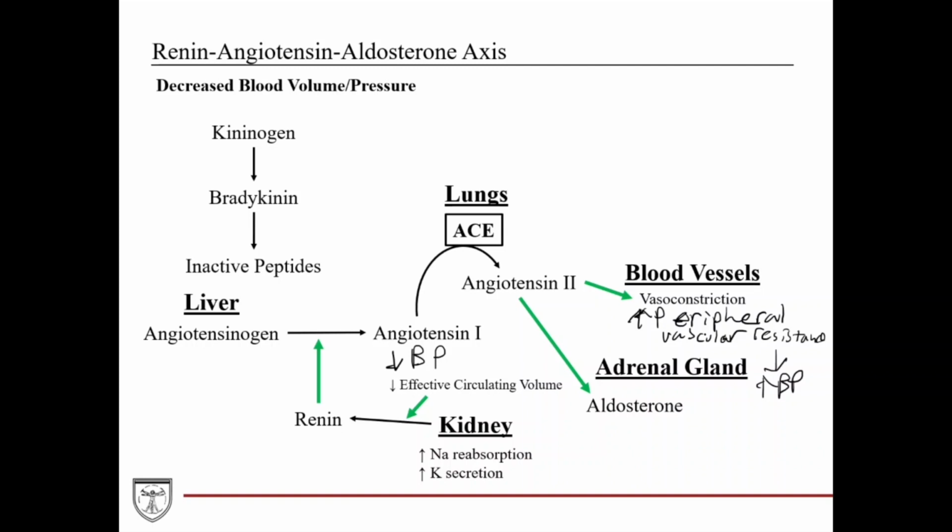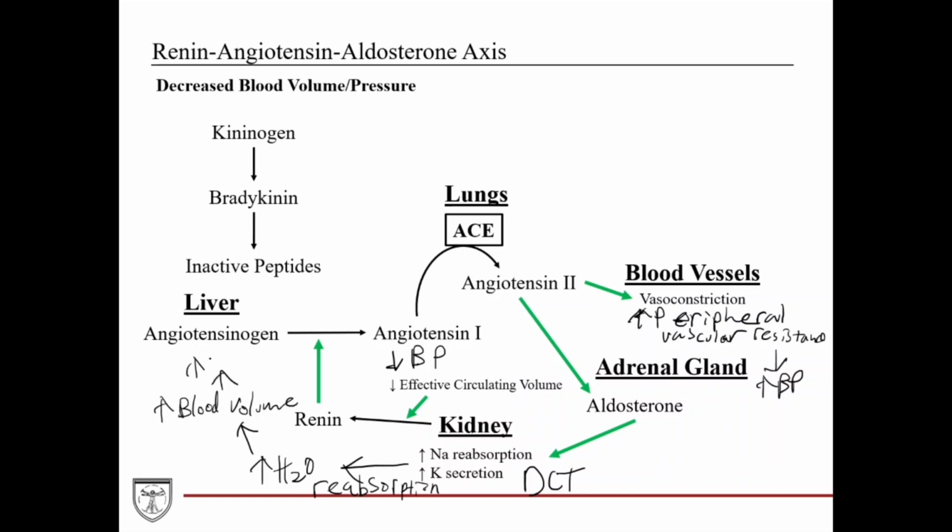The other thing it's going to do is increase aldosterone secretion from the adrenal gland, which then, as we talked about, increases sodium reabsorption and potassium secretion, mainly in the distal convoluted tubule. What that's going to result in is then increased sodium reabsorption, but then also increased water reabsorption, because remember, wherever sodium goes, water follows, which will then increase blood volume, and then in turn, hopefully increase blood pressure.